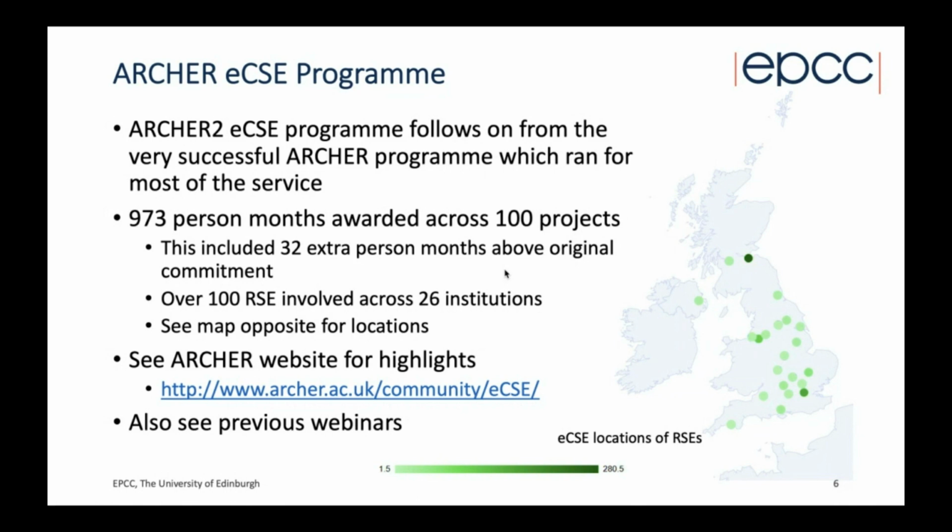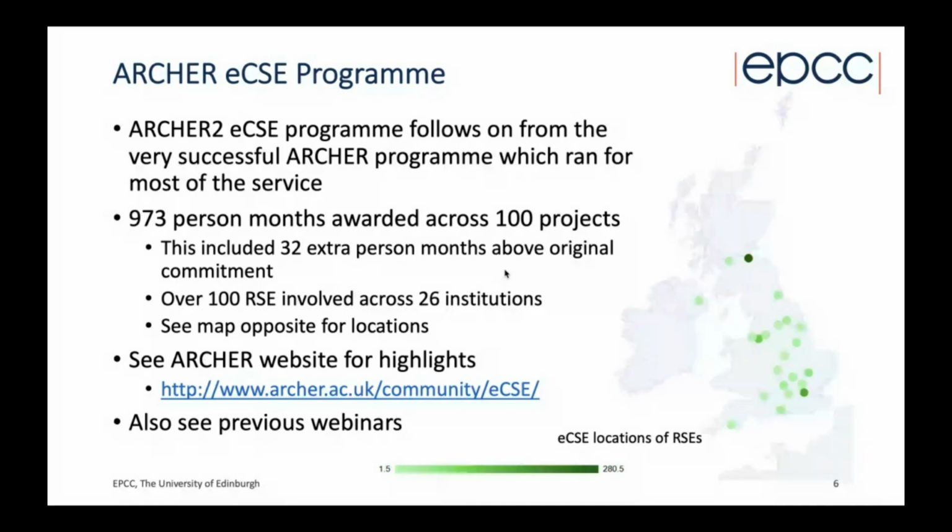During the program, there were over 100 RSEs involved. I had a look back at the figures, and there were actually 101 different people who worked on eCSE projects, employed at various levels across 26 different institutions in the UK.